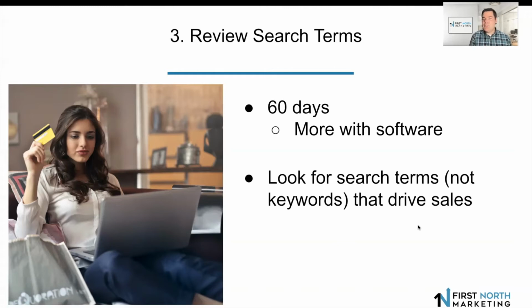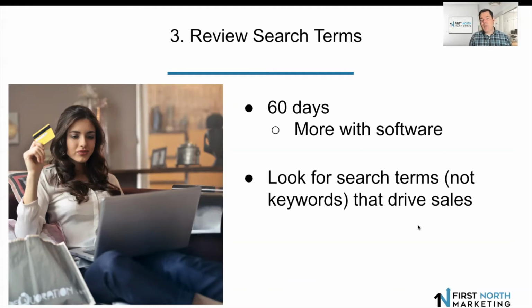If you see two sales, especially within that 60-day period, generally there's a strong probability that that's a phrase or a term that you want to consider putting into your title if it makes sense. And if it's got 3 or more sales, then that's something that most likely is really driving people to be interested in your product and, more importantly, ultimately buy your product.